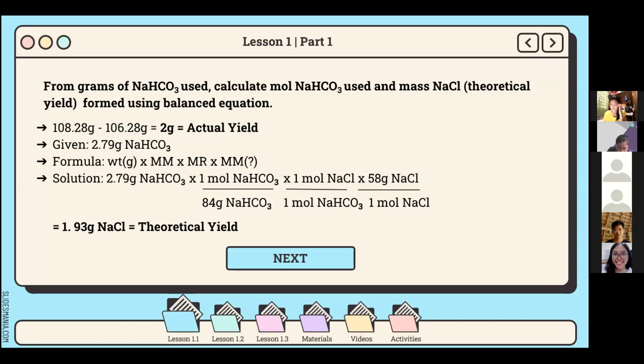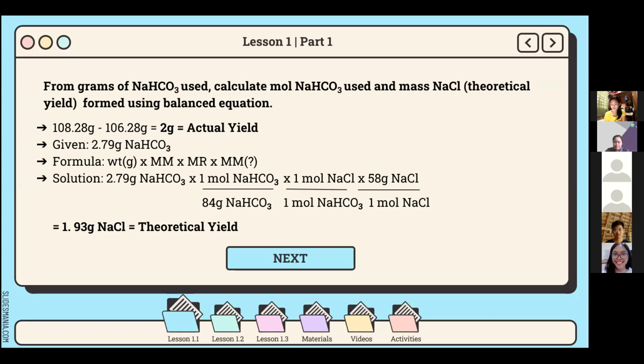So the given is 2.79 grams of sodium bicarbonate. The formula we are going to use is weight of the given times molar mass of the given times mole ratio times molar mass of what is asked. For our solution, 2.79 grams of sodium bicarbonate is the given grams times the molar mass of sodium bicarbonate, which is 1 mole over 84 grams of sodium bicarbonate, multiplied by the mole ratio, which is 1:1.